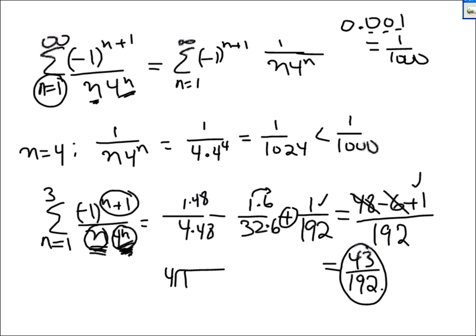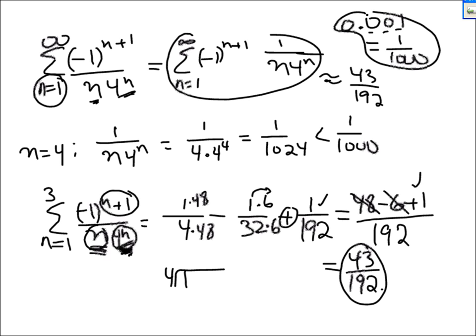And it is for the entire sum. This entire sum is approximately 43 over 192. Well, somebody says approximately. I mean, how good of an approximation is it? Oh, it is within 0.001.